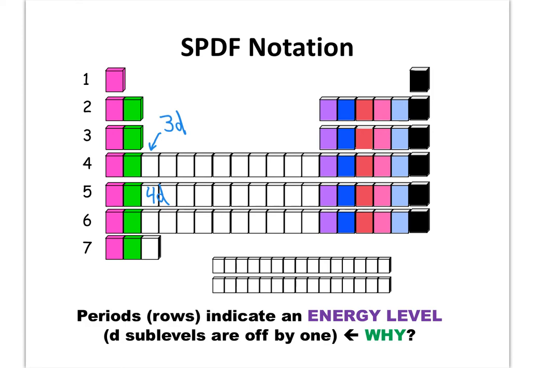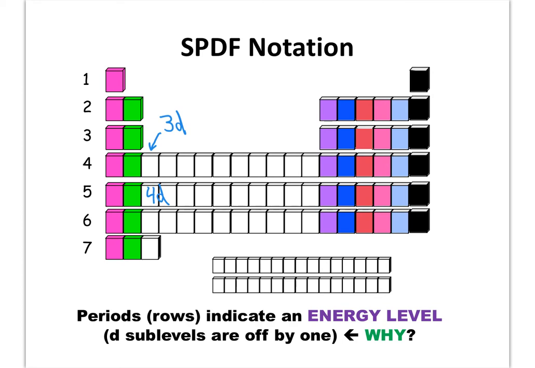This D sublevel is so large, it has 5 orbitals, so it actually has a little bit more energy than the S that comes before it. So this 4S here is smaller and a little bit lower in energy, so it fills first, and then the D sublevel comes after that because it's a little bit higher in energy.